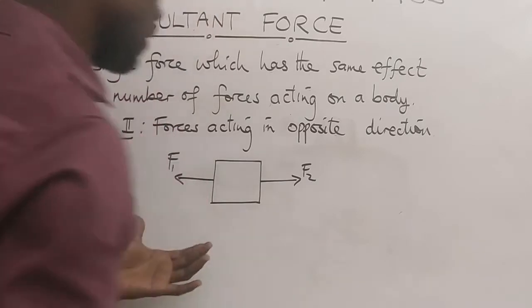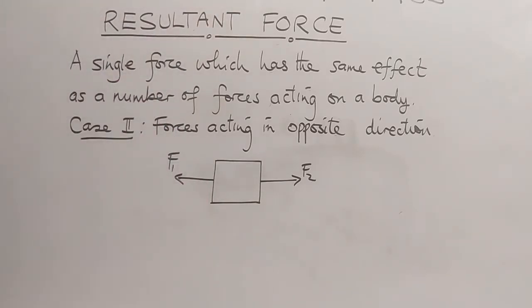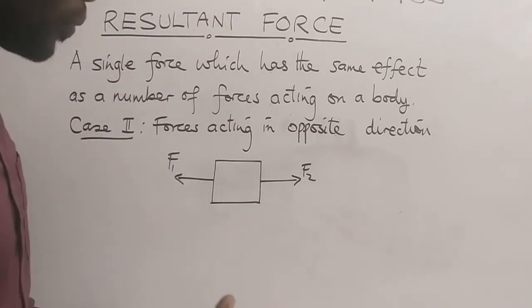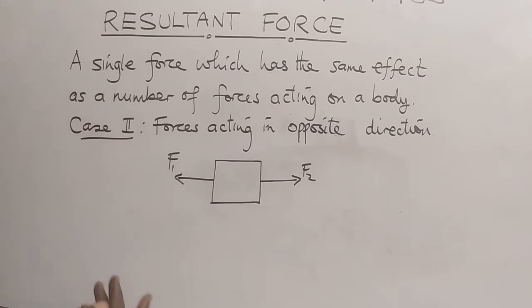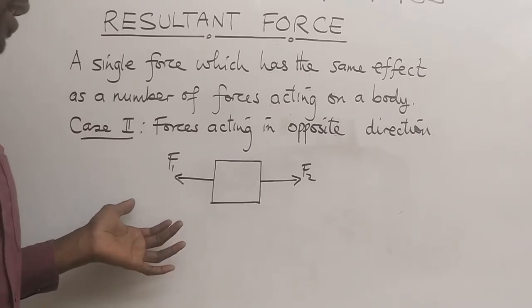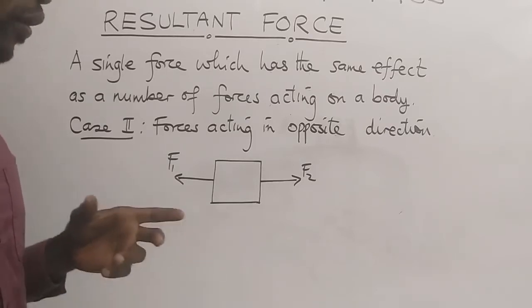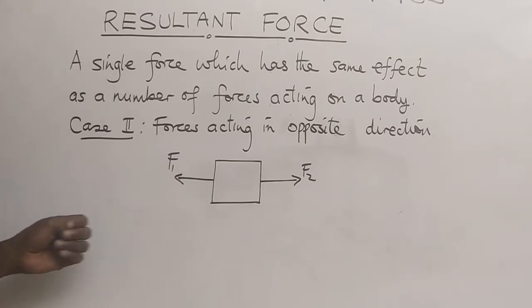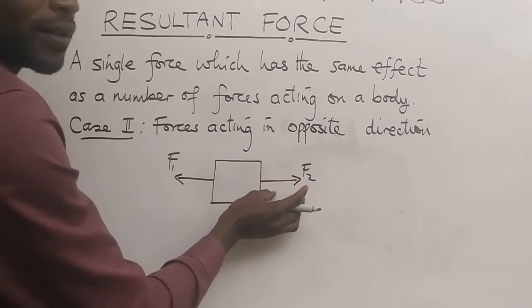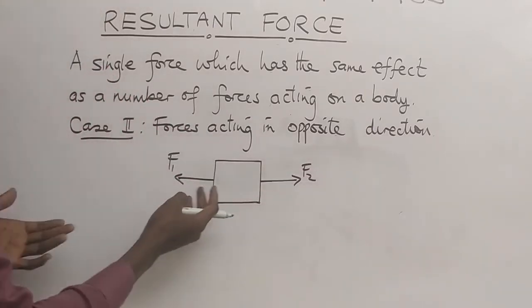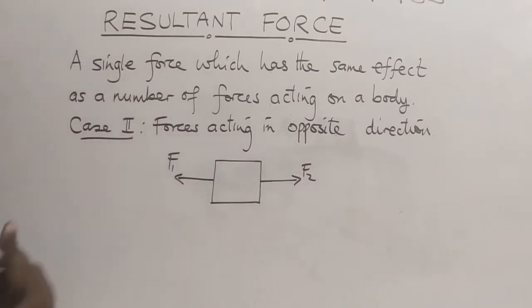What is the resultant force? Now, here we have two approaches. You can easily get the resultant force as the bigger one minus the smaller one, but conventionally, we usually take the forces acting to the right as positive and those acting to the left as negative.